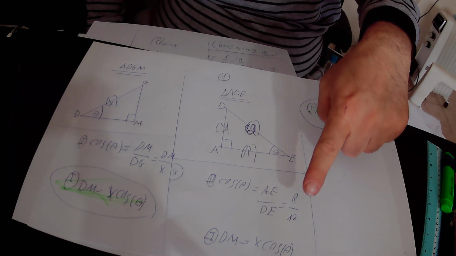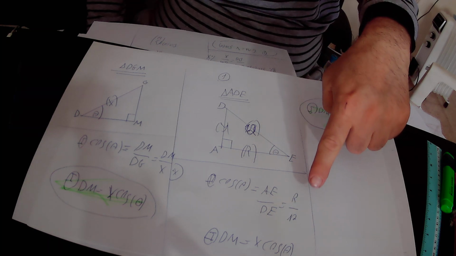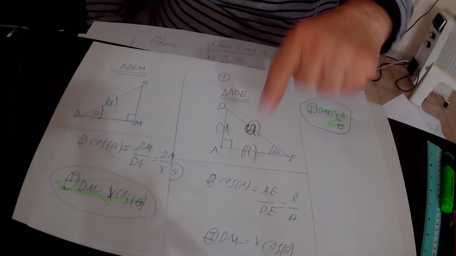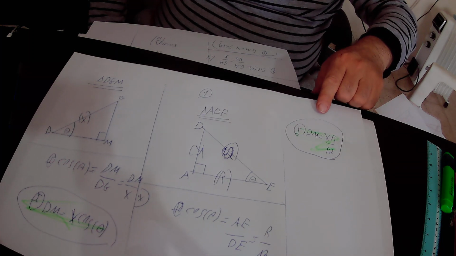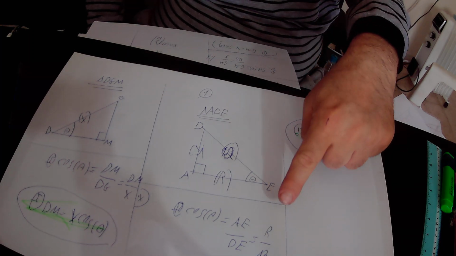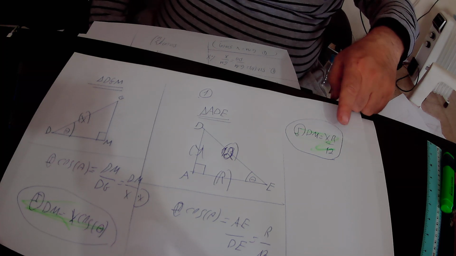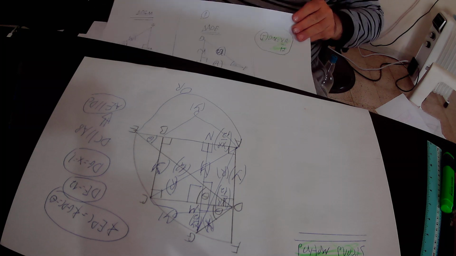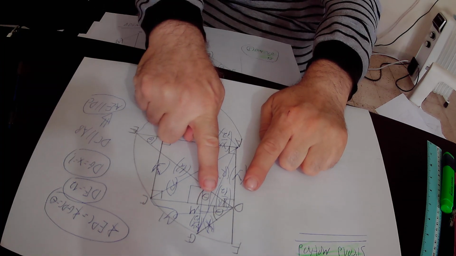Now we can substitute this cosine theta in equation 1 by r over 12 from equation 2. We did it, and found out that DM equals x and cosine theta is r over 12. So DM in total equals x times r over 12.